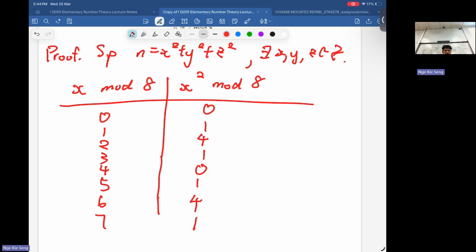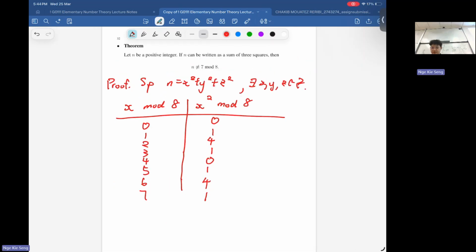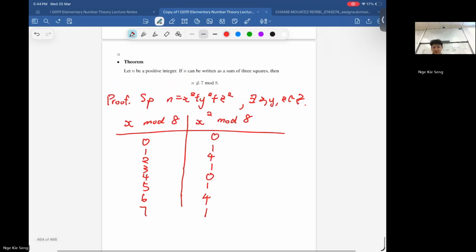So how many possibilities can you get here? 0, 1, 4. How do you add up?